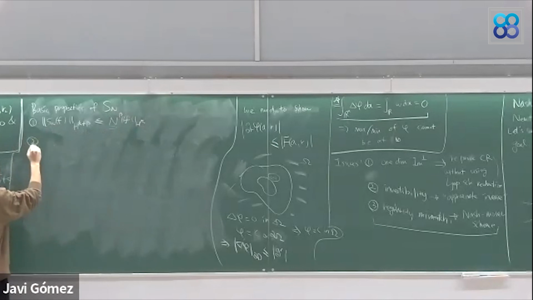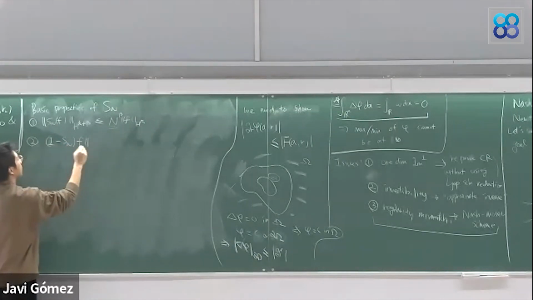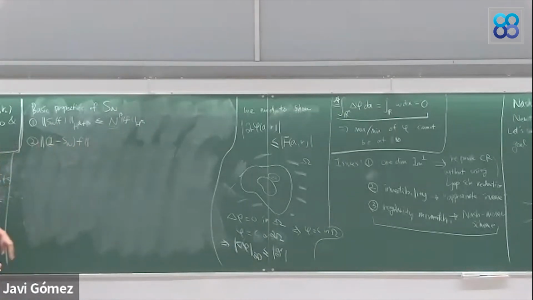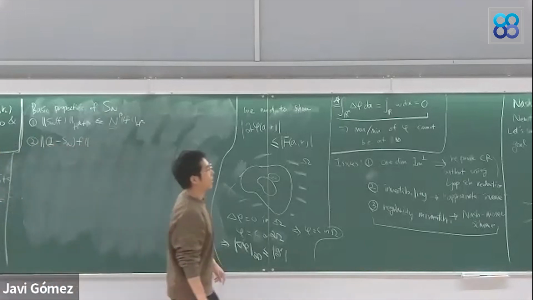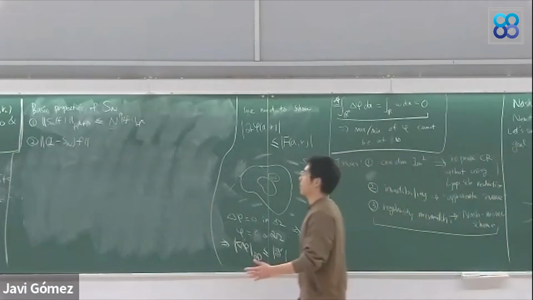The second is that, here I is just the identity operator. So I minus S_n concerns only the high frequencies, because S_n only takes the lower frequencies. So I minus S_n takes only high frequencies.